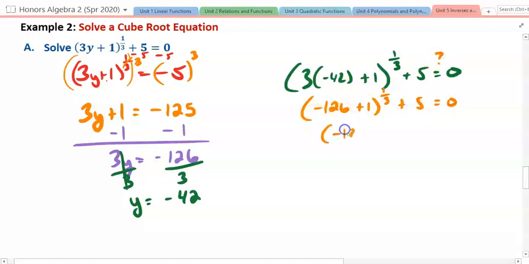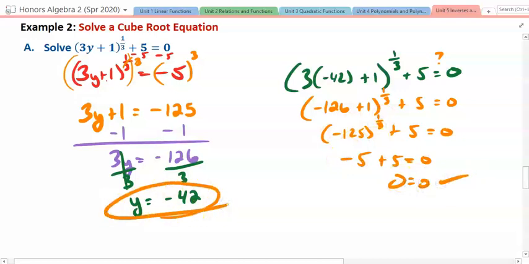And so that's going to give us negative 125 to the 1/3 plus the 5. The 1/3 power of 125 is 5, so it's going to be negative 5 plus the 5 is equal to 0, so 0 does equal itself. So y is equal to negative 42. All right, so again, the steps aren't any different from what we did for square roots, it's just that we're dealing with a different power here.